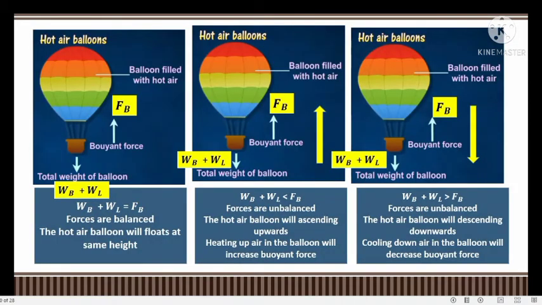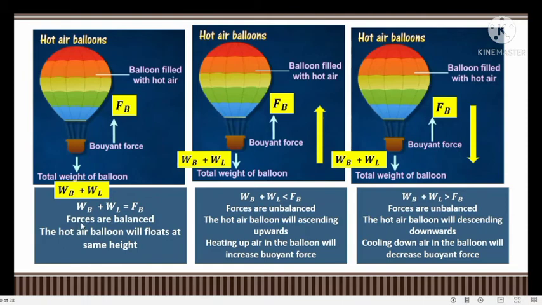Hot air balloons, I will discuss three situations. The first situation, the forces that act on the balloon, you can see from here: the total weight of balloon and load, and the buoyant force, FB. Inside the balloon, there's hot air, and this is the basket that can carry load.